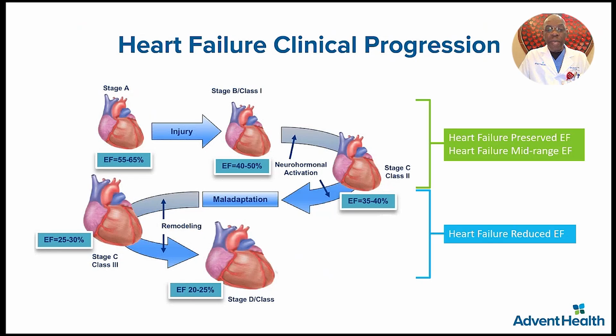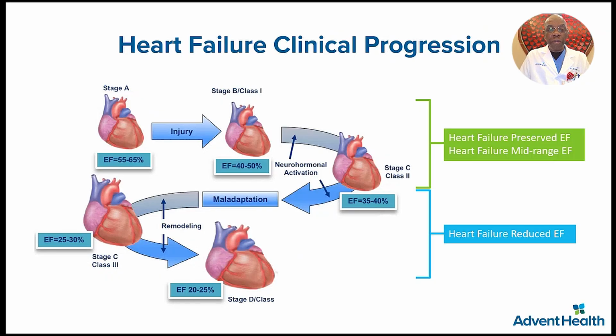After an injury, that heart can be reduced to 40 to 50%. At this point, neurohormonal activation occurs, leading to further decrease in ejection fraction to 35 to 40% over time, resulting in maladaptation, remodeling, and progressive decline in ejection fraction, leading to stage D class 4 symptoms.